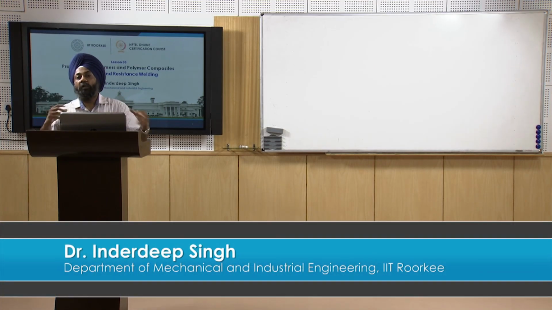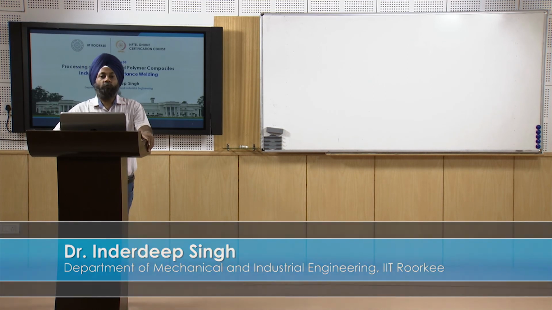We have to see whether the fiber used for reinforcement is a conducting fiber or a non-conducting fiber. Then we have to see how much heat is required, what the glass transition temperature of the polymer is, what the melting temperature of the polymer is, and what the thickness of the composite laminate is. So all these parameters we have to keep in mind while we decide on the process we are going to use for joining of polymer based composites.